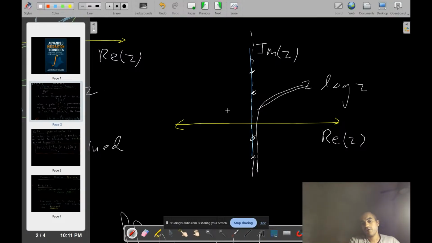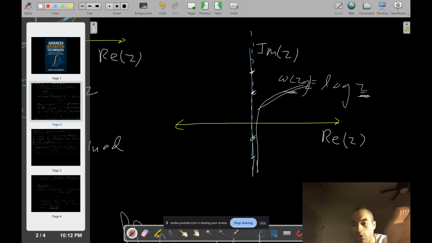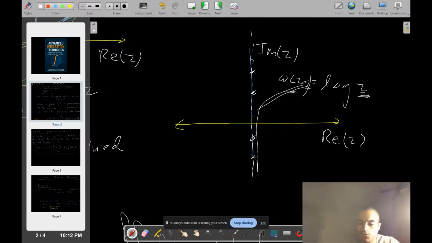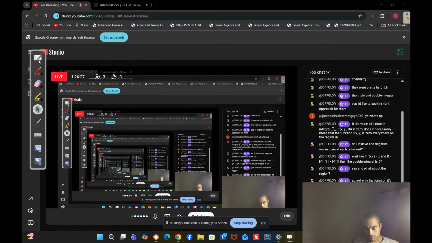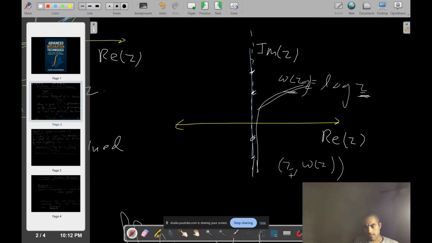These functions are called multi-valued because, in this case, you have a z and a w of z, for instance. This is one value, this is another value: input and output of functions. So you have a z and w of z coordinate system. When we do contour integration, we're only looking for one output.